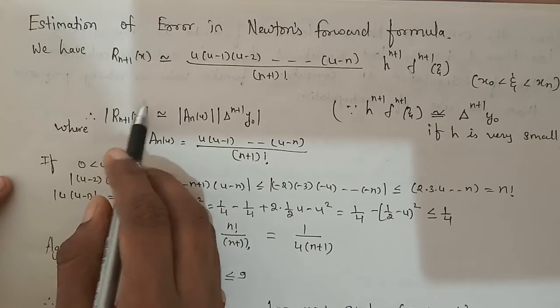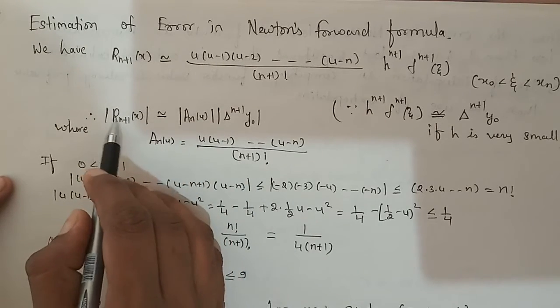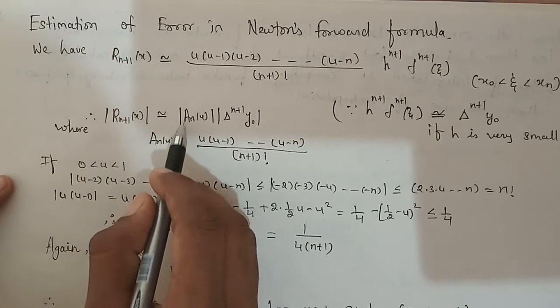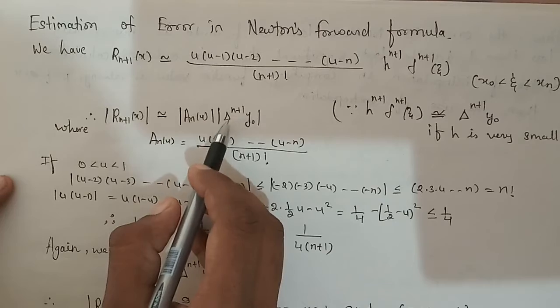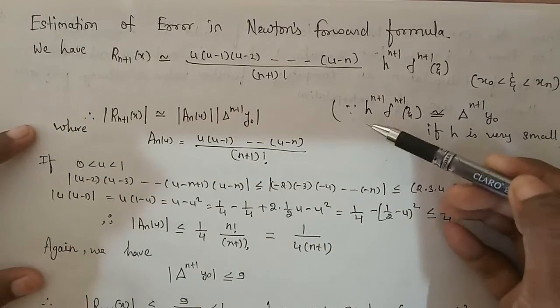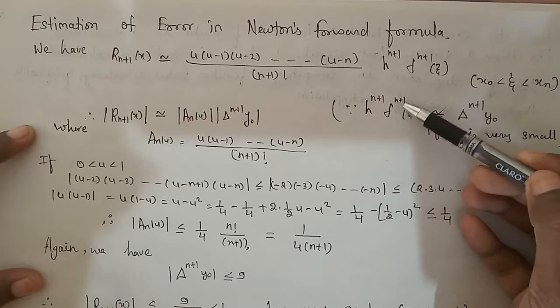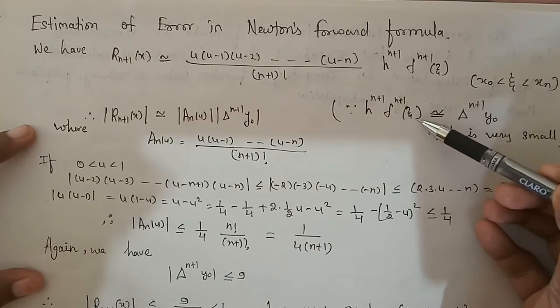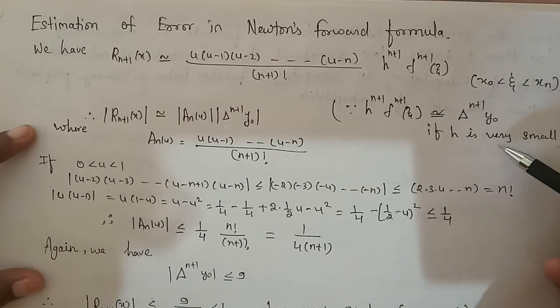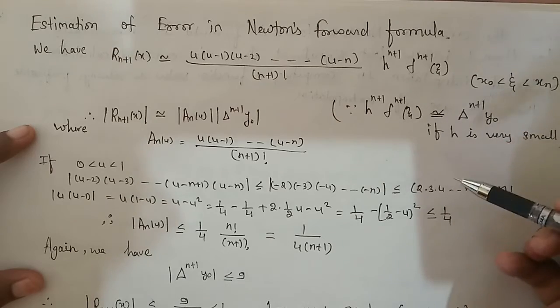If we take modulus on both sides, we get the modulus of R_{n+1} equal to modulus of A(u) times modulus of delta to the power n+1 y0, as h to the power n+1 f^(n+1)(xi) is equivalent to delta^(n+1) y0, if h is very small. This is the result which we have studied.